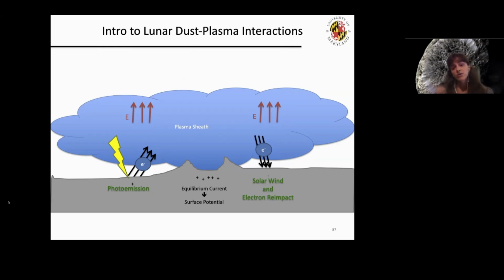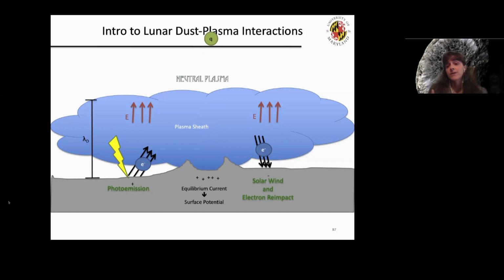And this charge differential in the plasma sheath gives rise to an electric field. And at least close to the surface, we think this electric field is pointing upwards. Next. Okay, so now we have our charged particle on the surface in the plasma. And if the electrostatic force is large enough to overcome gravity and cohesion, that particle could detach from the surface. Next.